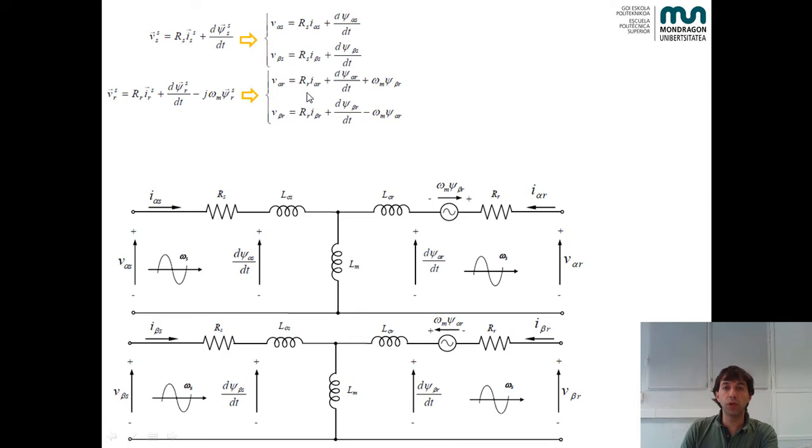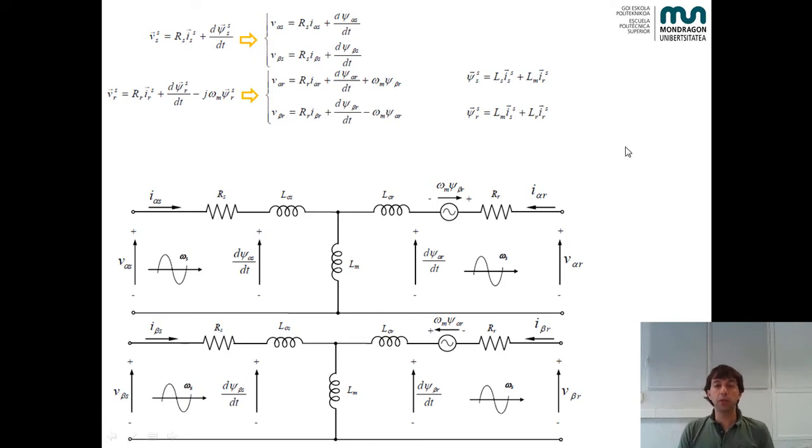Then we have two coupling terms due to the speed of the machine and due to the rotor flux, which are these two terms. And finally we have the rotor flux equivalent voltage, which is these two terms.